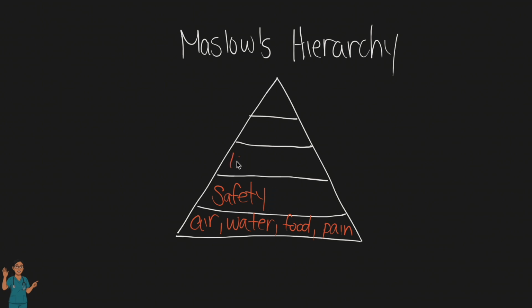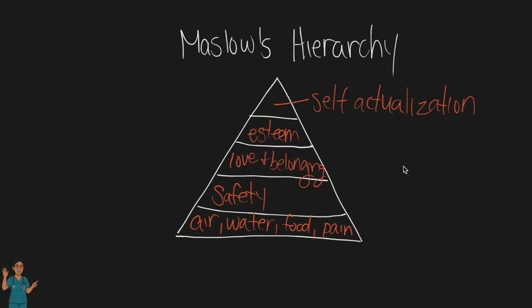Above that, we have love and belonging, esteem, and at the very top, self-actualization. As nurses, we always start at the base of the pyramid and work our way up to meet our patient's needs.